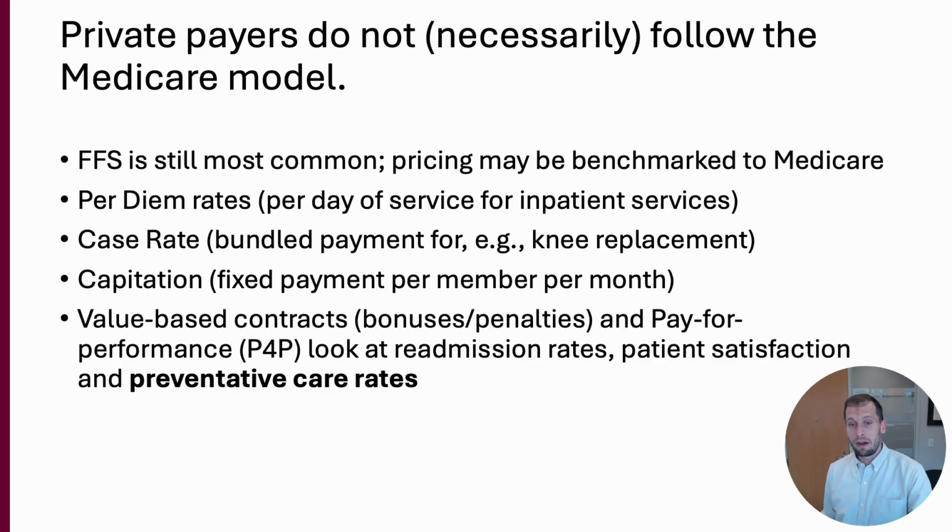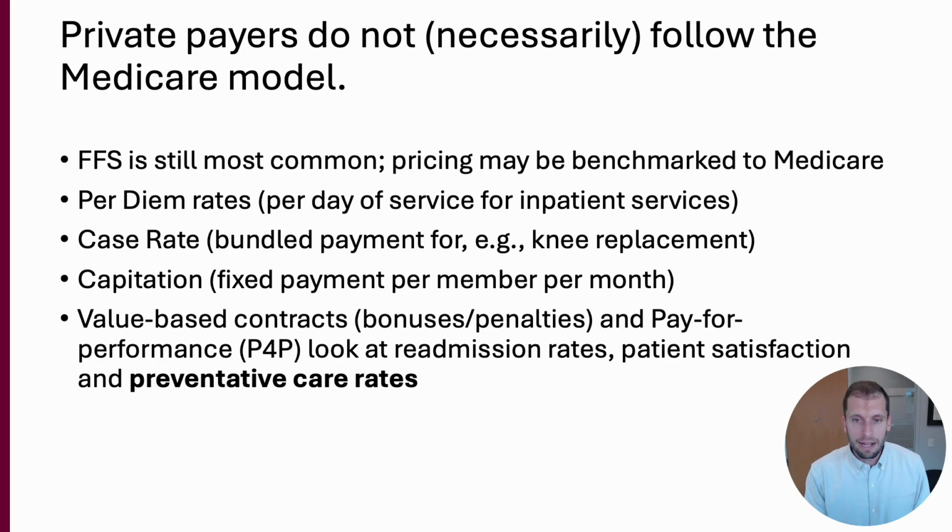Capitation, that's where you get X amount of dollars for all these patients, and whether they show up or not, that's what you get paid. So the workplace clinic, that's pretty much what you've got going on, right? You're getting X amount of dollars per month, you've got to make it work. And then you've got value-based contracts that get way more complicated, like the level of care, readmissions, all this stuff. It's private parties. You can do whatever you want. You can negotiate pretty much any contract you want and any contract structure that you want.